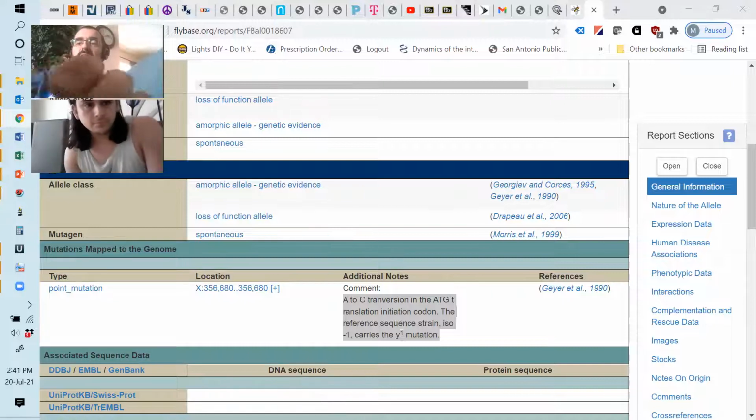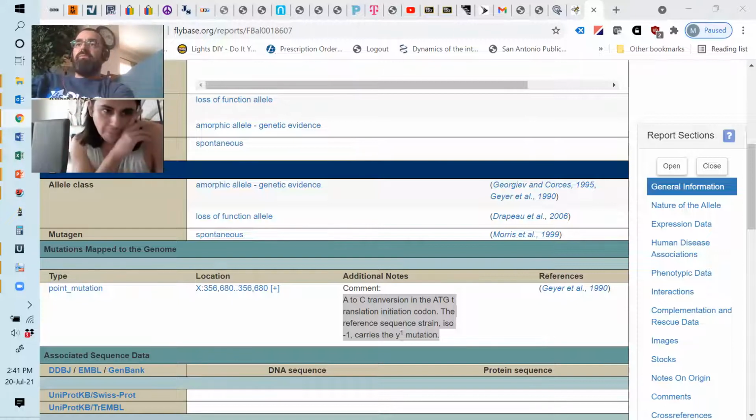So this is telling us why one allele is a change from ATG to CTG. What happens to the start codon? Do we now have a start codon for our yellow gene?